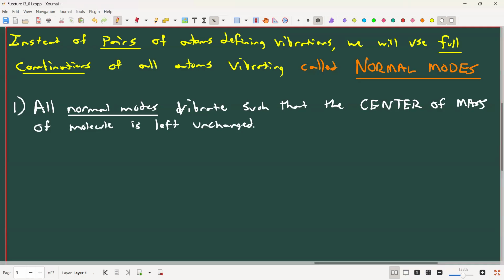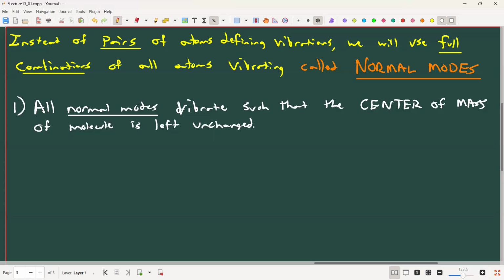We're going to look for special motions where all the atoms are displacing. They're all moving, but they're all moving in such a way that the center of mass doesn't move. So if you have some hydrogens displacing in this direction, there has to be something moving in the opposite direction to cancel it out.